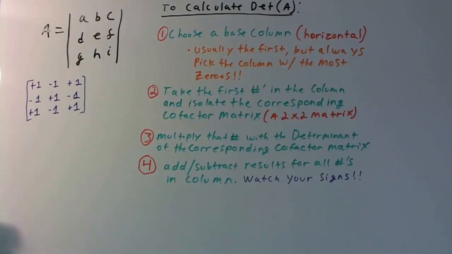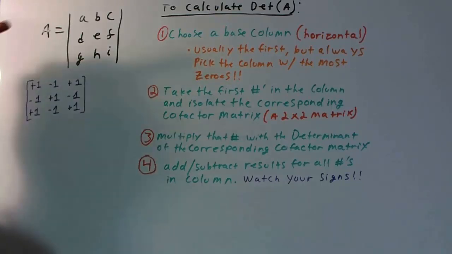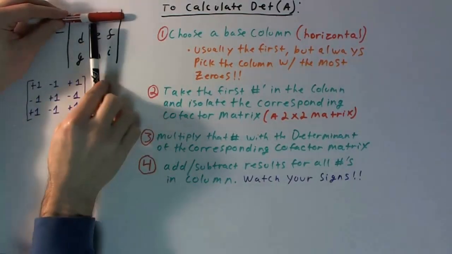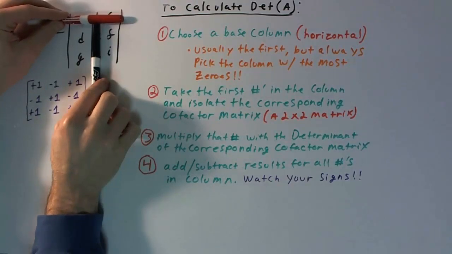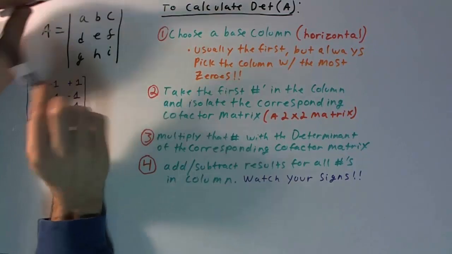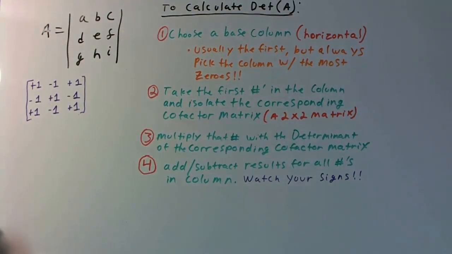So for example, if you're talking about B, you realize that B is in the first column, second row. So you isolate the first column with the second row, and then you get the cofactor matrix for B being DFGI. And then you just do the same thing.